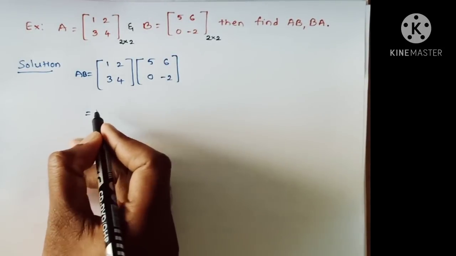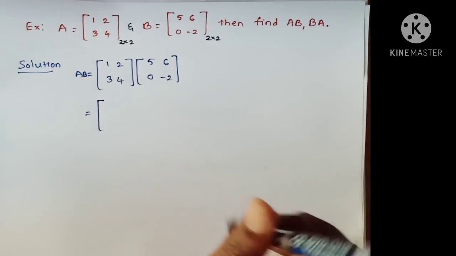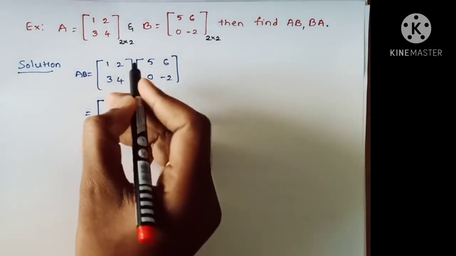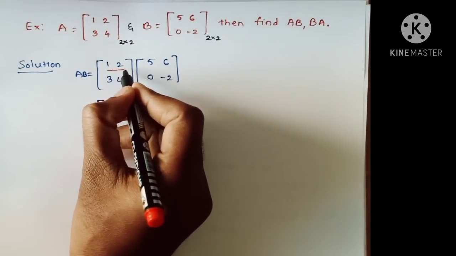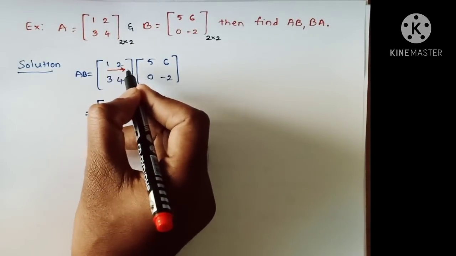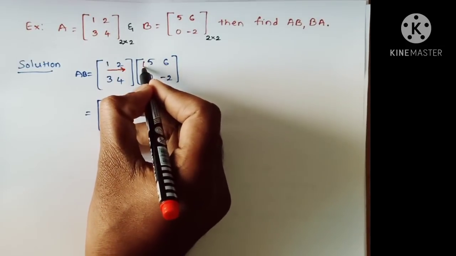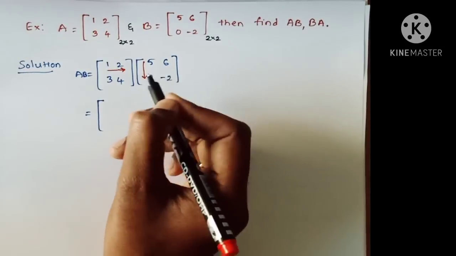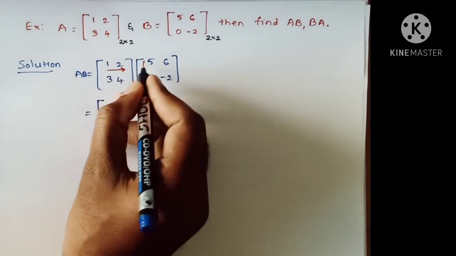So 2 by 2 and 2 by 2, and the resultant is also a 2 by 2 matrix. To get the first element of the resultant matrix, we multiply the corresponding elements of the first row with the first column and add them up.